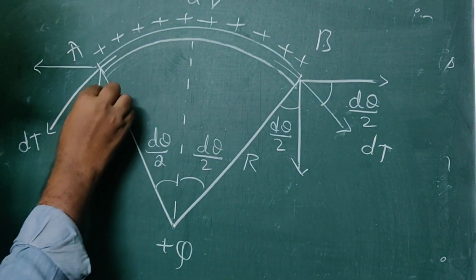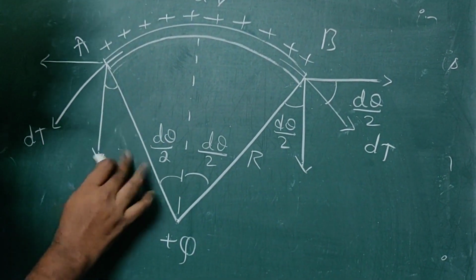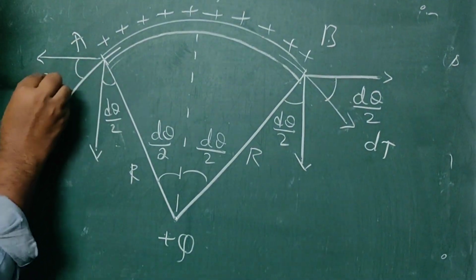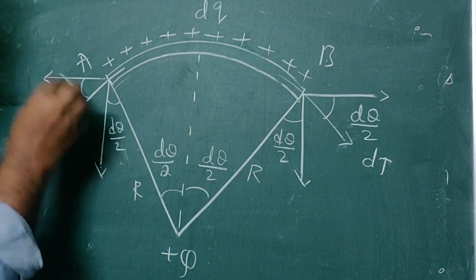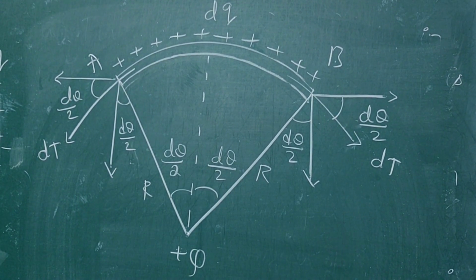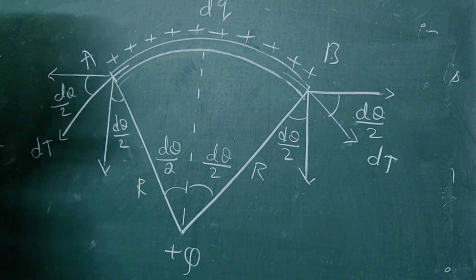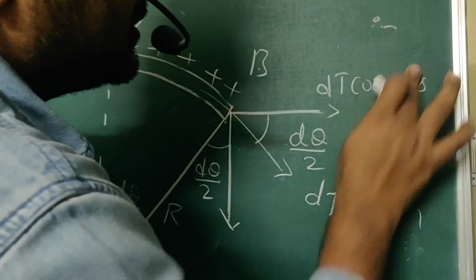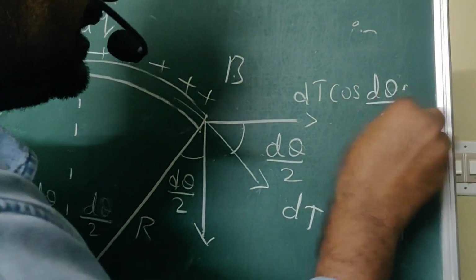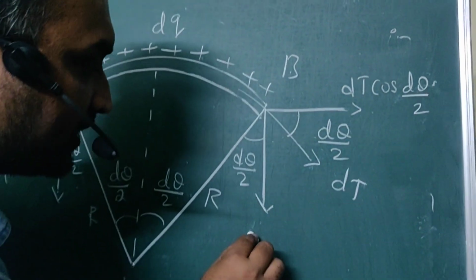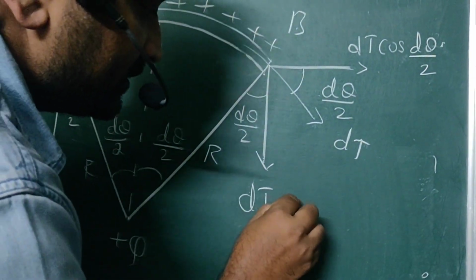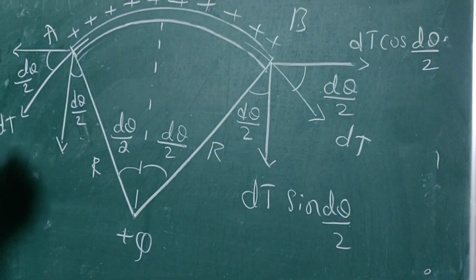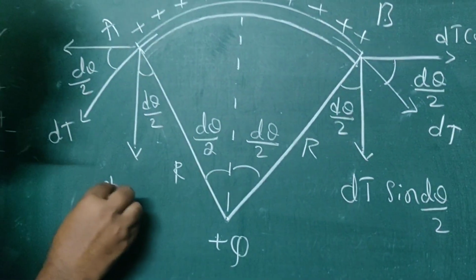So here we got d theta by 2 and this is also d theta by 2. I'll call this component dt cos(d theta by 2) and this component dt sin(d theta by 2). The same thing here also. This is the sine component.